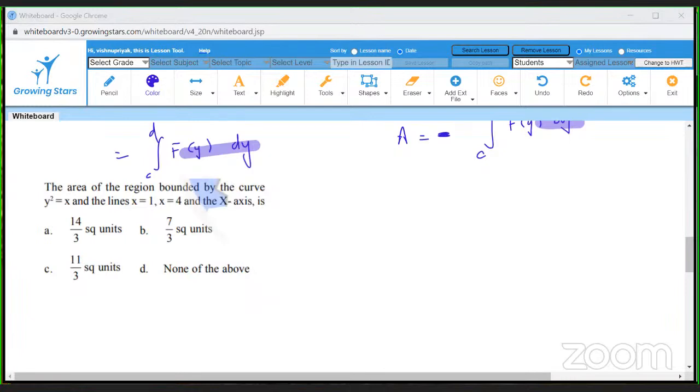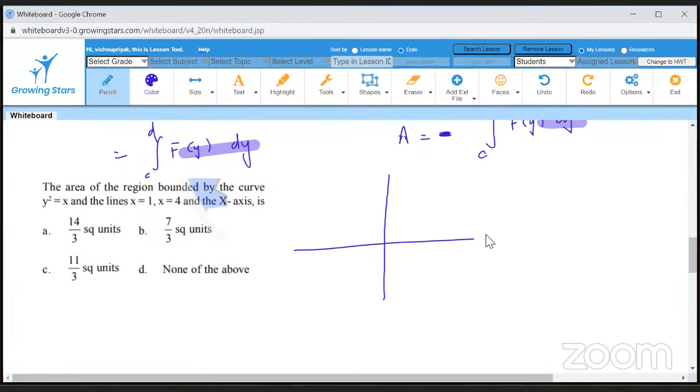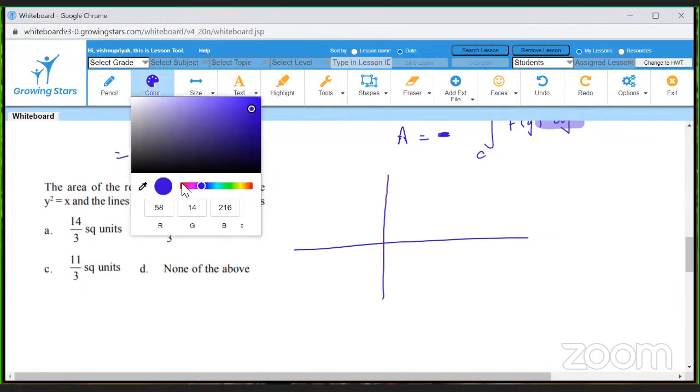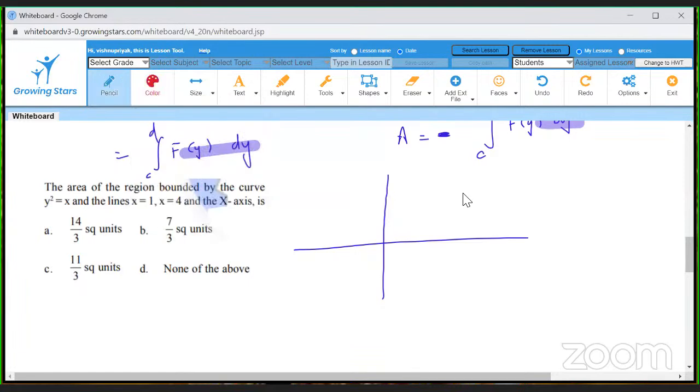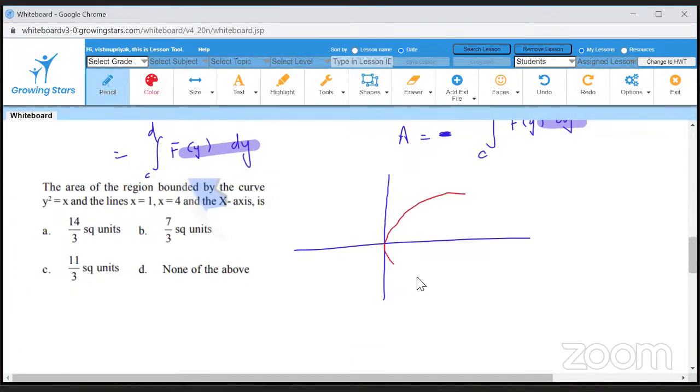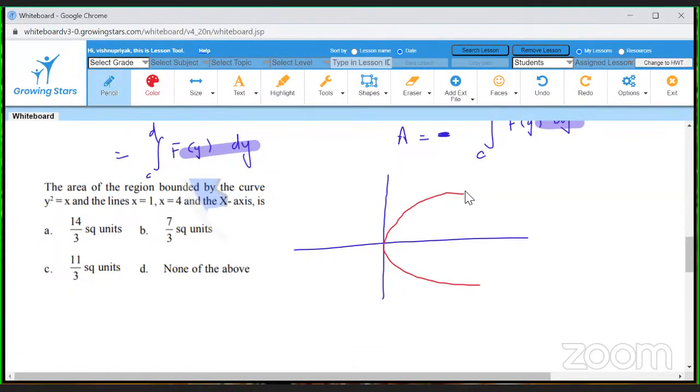Lohit is saying A. That's right. So first you have to draw the graph. Y square equal to X. You must learn all these graphs by heart. Y square equal to X graph will be like this. I will show you how to learn the graphs by heart. And then X equal to 1 will be here, X equal to 4 will be here.